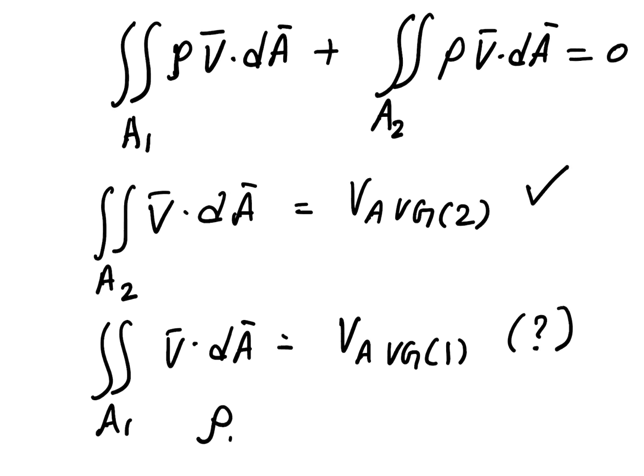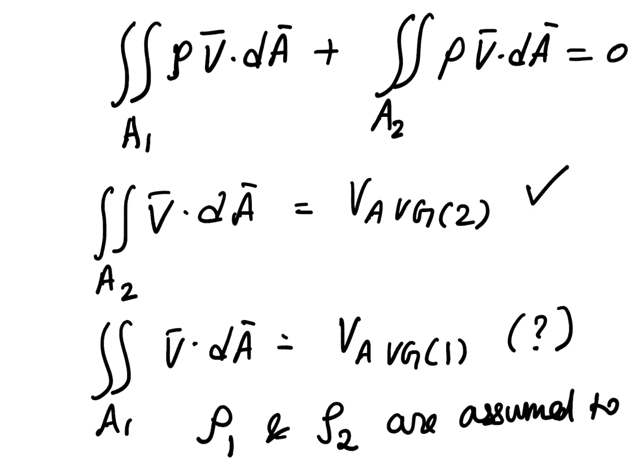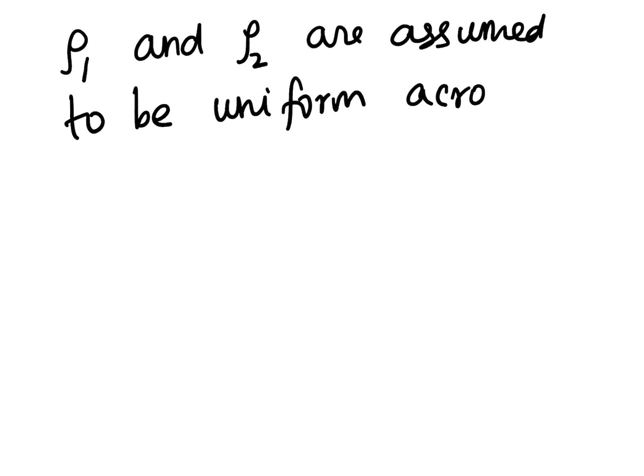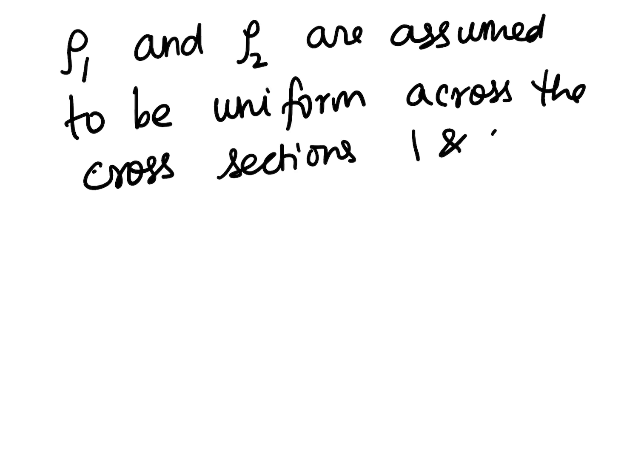The other thing is rho at section 1 and rho at section 2 are assumed to be uniform. I'll write this on the next page. Rho 1 and rho 2 are assumed to be uniform across the cross sections 1 and 2 respectively.